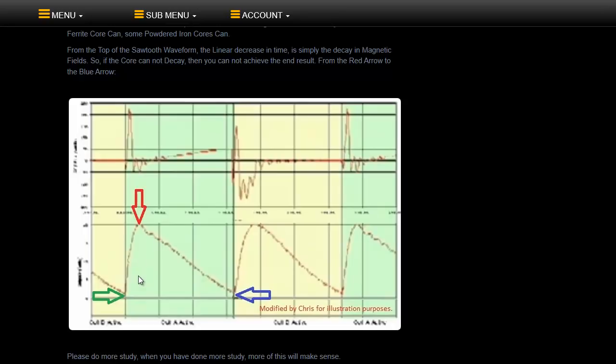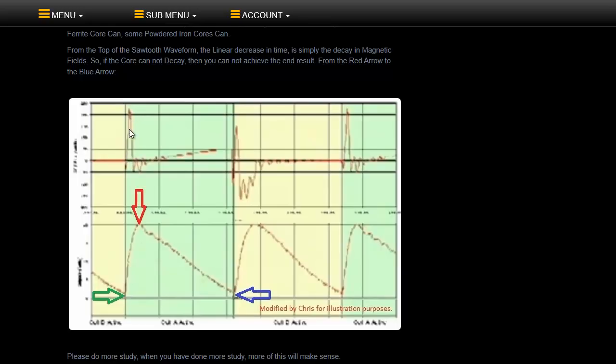All right, so what we've got to think about is the green arrow here, that's the start of a cycle. If you look up on the input, it starts. So the input is on when the output's on. The output ramps up as the input ramps up.